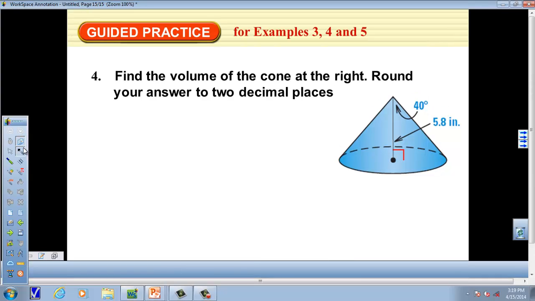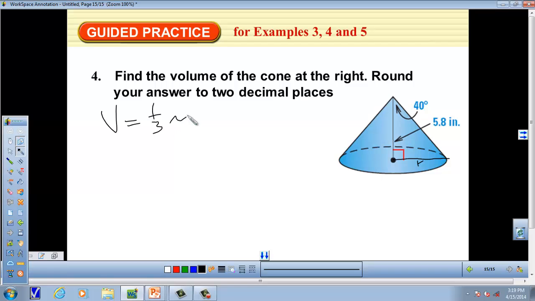Here's another one with a cone. We have 40 degrees here. We want to know what this radius is, because our formula will be 1/3 pi r squared times the height. So we're going to have to use, since that's 40 degrees, this is r, which is opposite. 5.8 is adjacent.